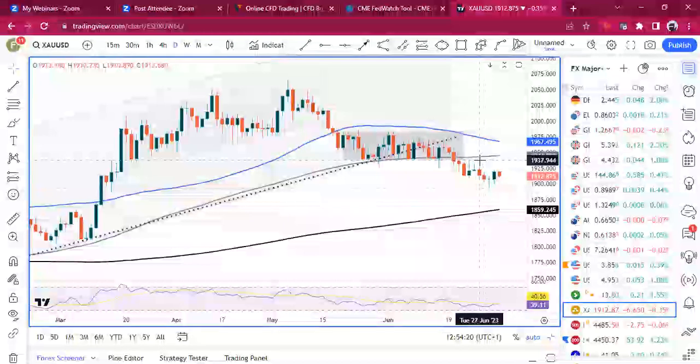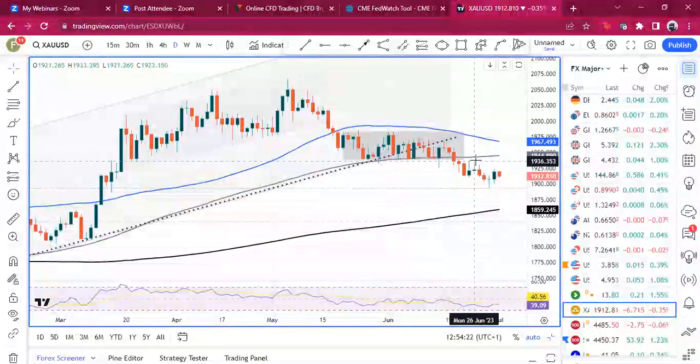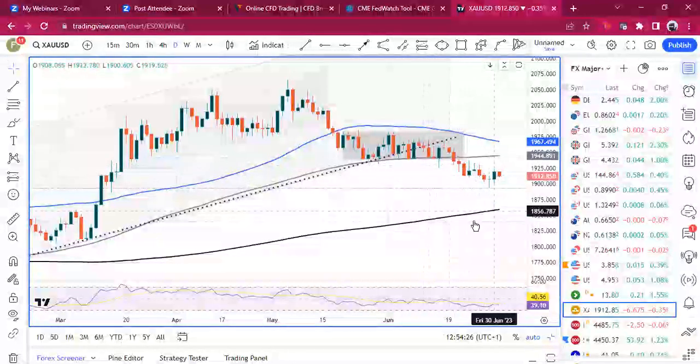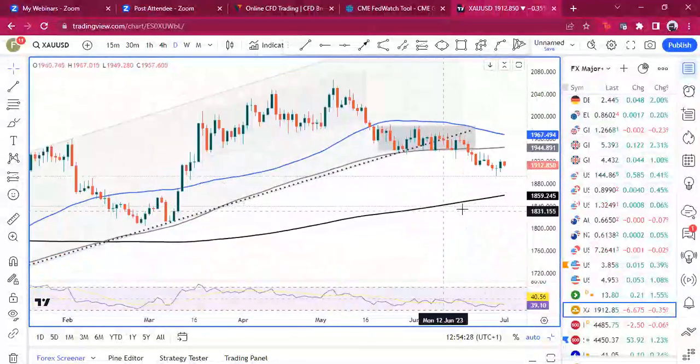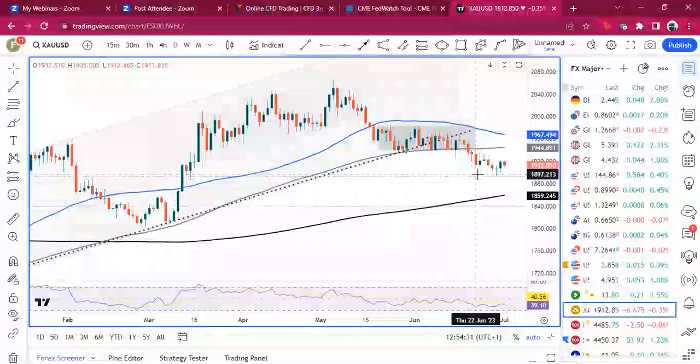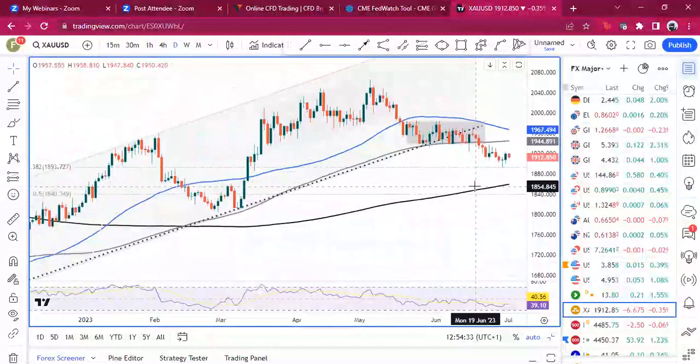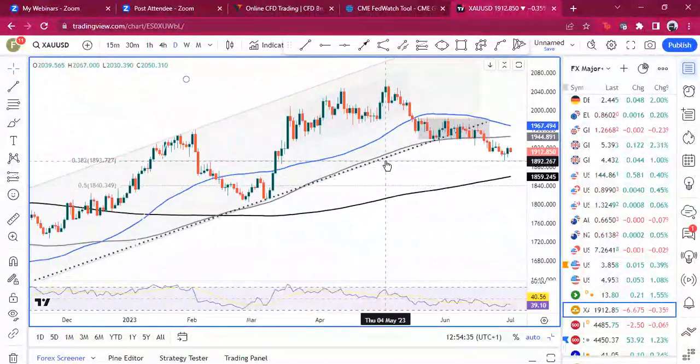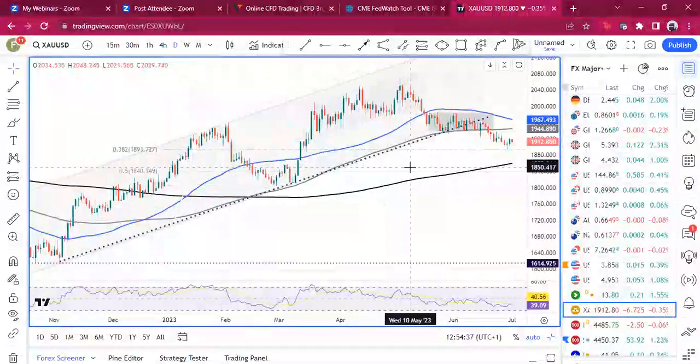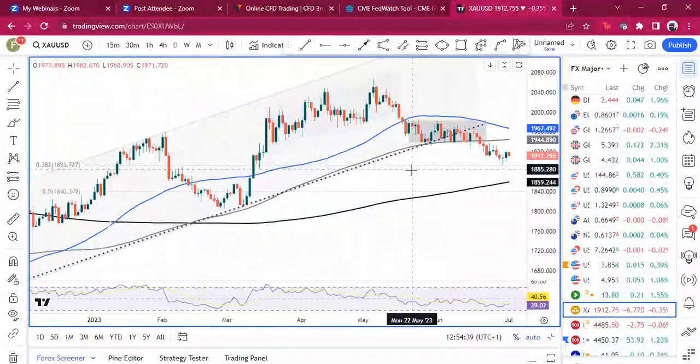So certainly 1940, 1944 will be strong resistance, and then potentially we're moving lower towards 1900, a key level, a round number for sure. And then you've got the fib level just below 1900, so 1893.